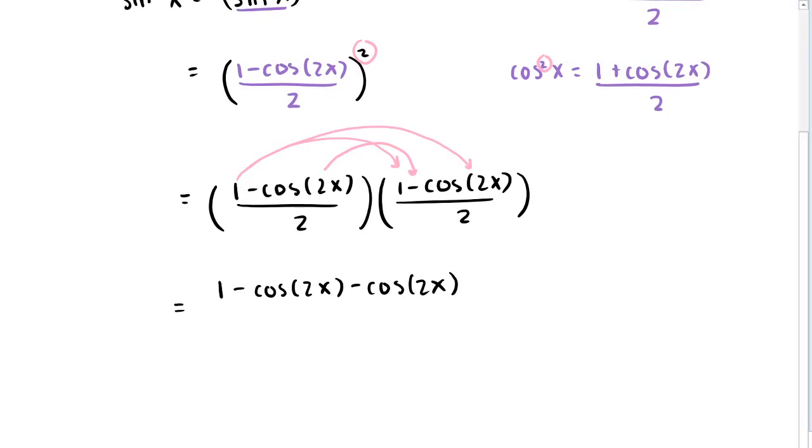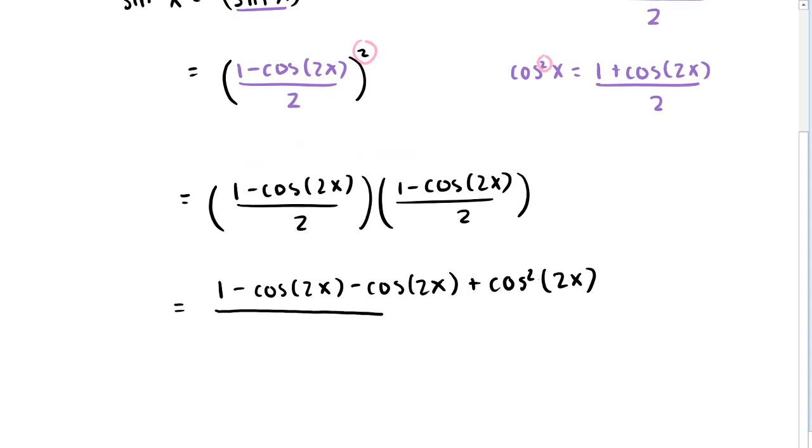And we take that cosine of 2x and multiply it with that last term, that minus cosine of 2x, to give us plus cosine squared of 2x. So that's the numerator, but here we also have this denominator of 2 times 2, in other words, 4.